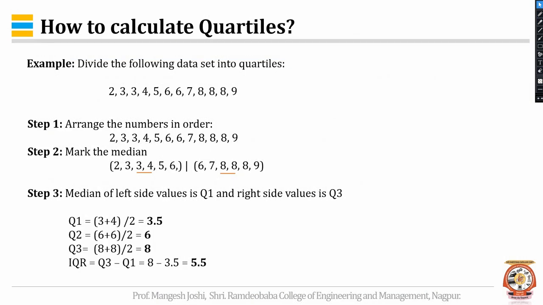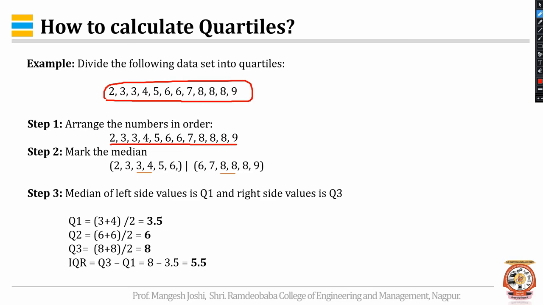First of all, we will see how to calculate quartiles. For example, you have this data set, and your objective is to divide the data set into quartiles. Step 1 is to arrange the numbers in ascending order. Secondly, you have to mark the median.